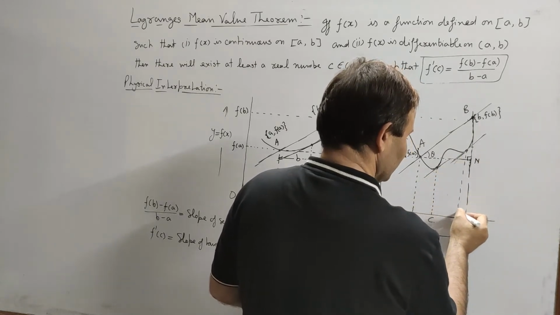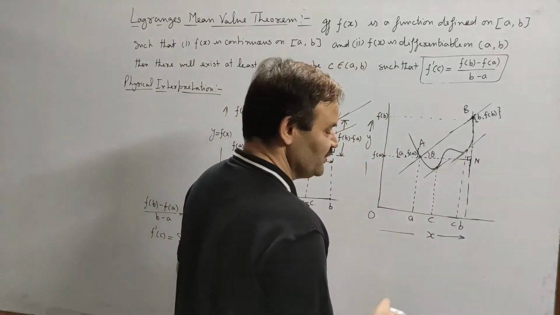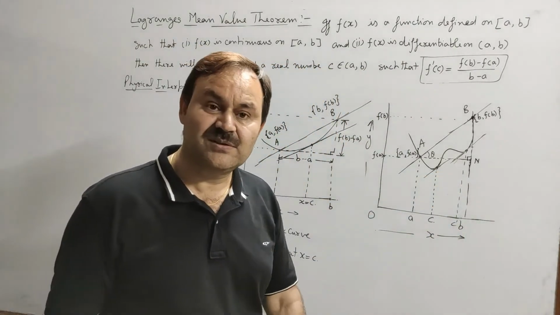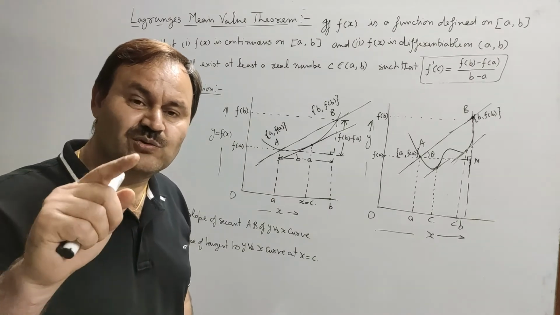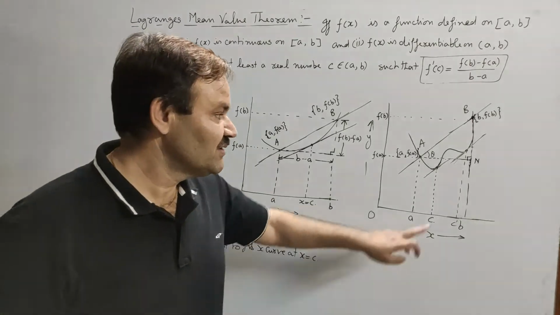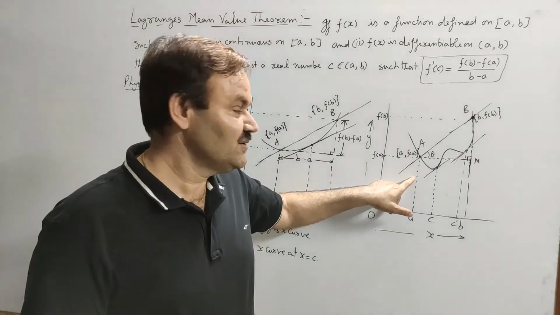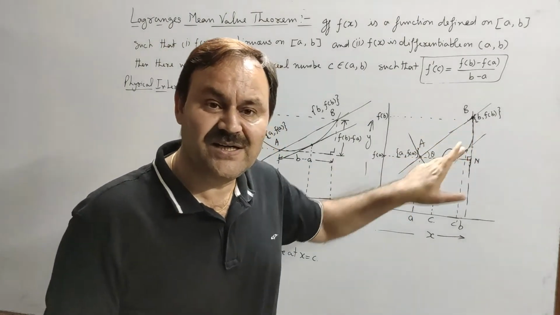So there will be 2 values of c for which the tangent to the y versus x curve will be parallel to the secant of the curve passing through points A and B.